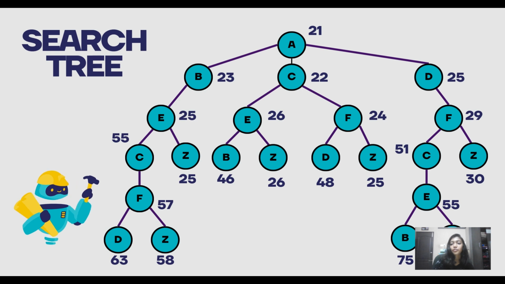So for each of the nodes, I have generated the successors, that is the child nodes. And for each node there is a value represented. It is known as f of n, which is the summation of g of n and h of n for each node.